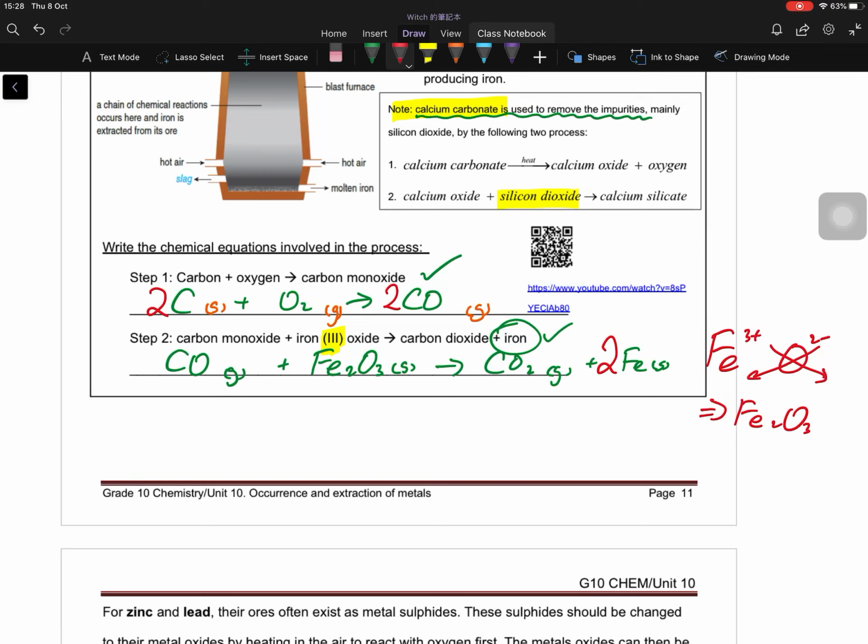On the left hand side, each carbon monoxide will take away 1 oxide ion from the ore, so the number of CO should be 1:1 in ratio. Here we got 3 oxide ions, so we should have 3 CO. And here we can see we balance the number.